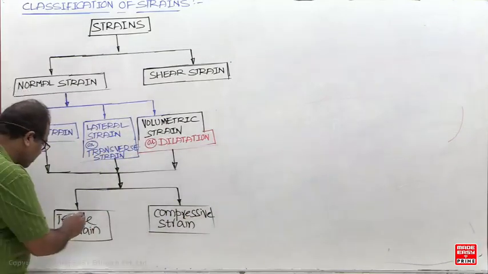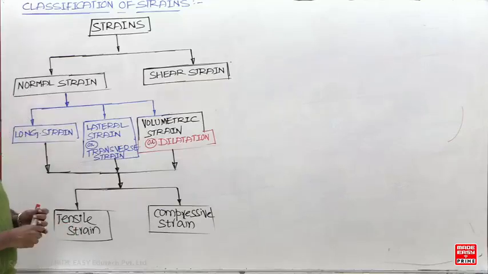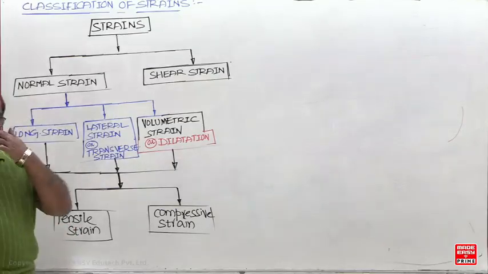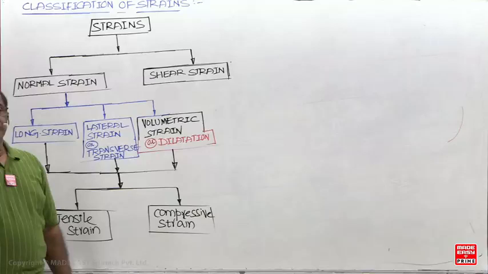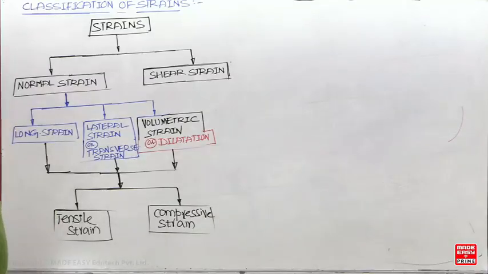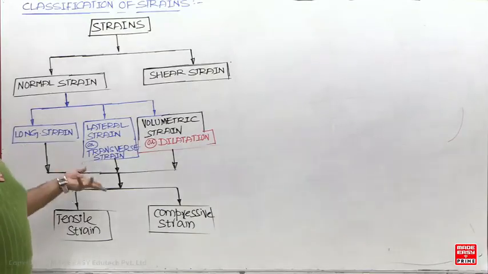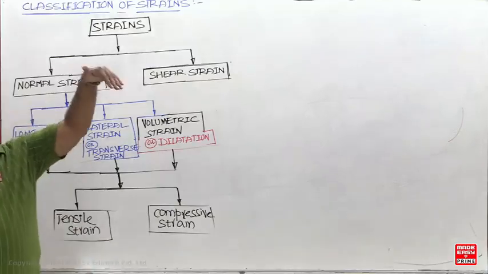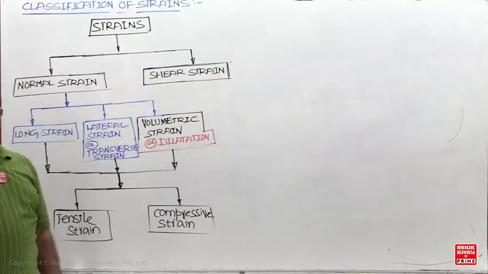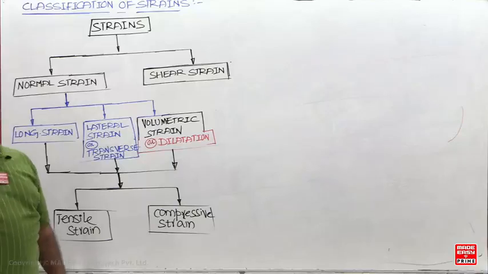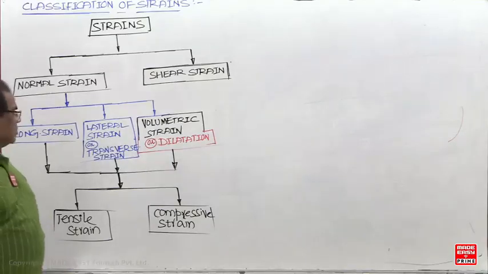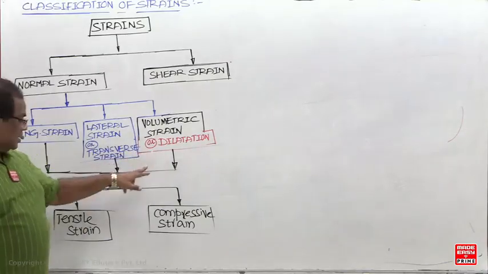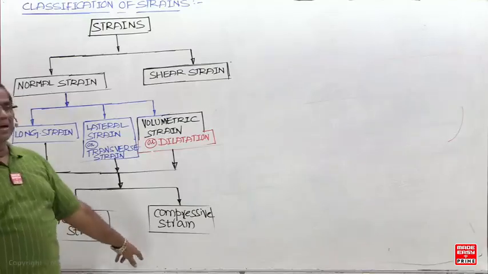Tensile strain and compressive strain. If the change in dimensions is positive, it is tensile strain; if the change in dimension is negative, compressive. When you studied the principal strain chapter example, one diagonal is elongated, the other diagonal is contracted. Similarly, if the volume is increased, it is tensile strain; if the volume is decreased, it is compressive strain.